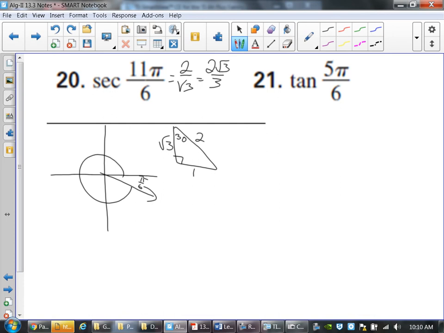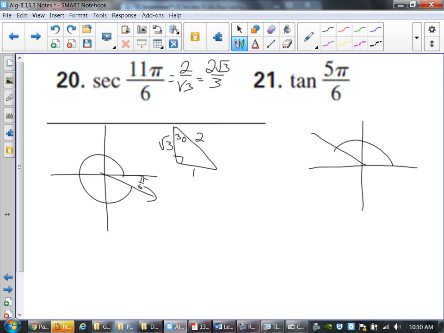You buying it? All right. Last but not least, tangent of 5 pi over 6. You can probably tell you're going to have a reference angle of something. Pi over 6, very good.